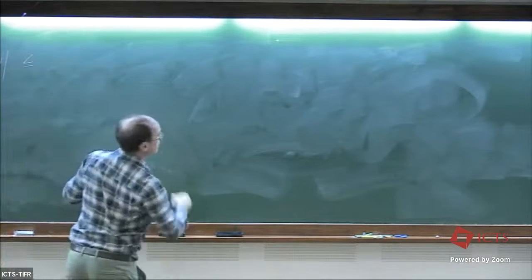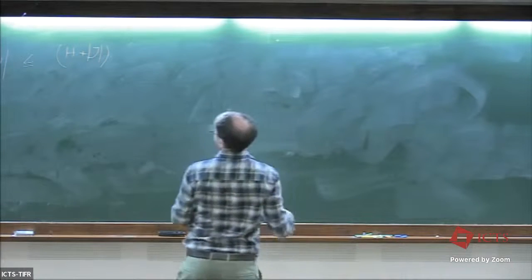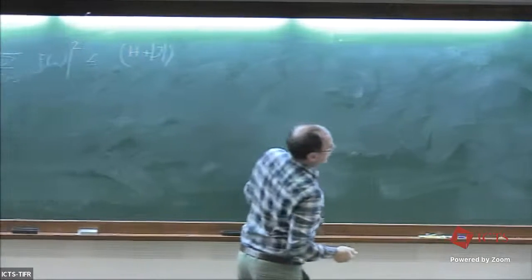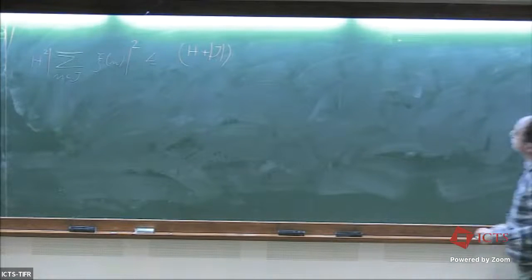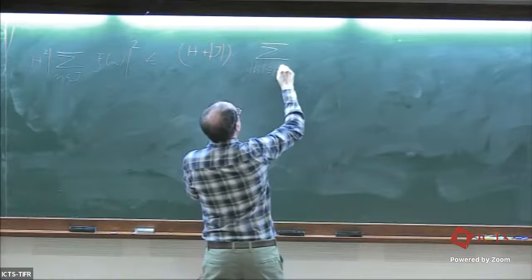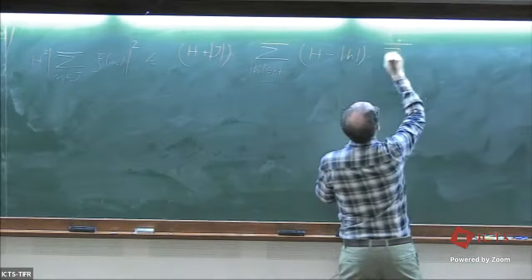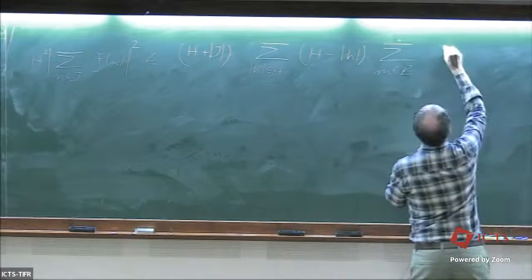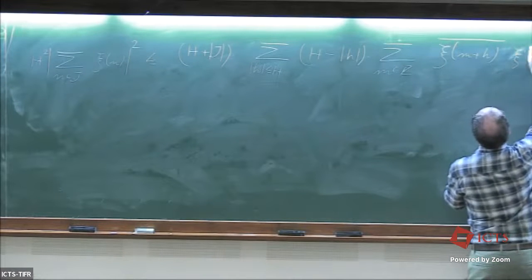The square of the sum over n in I of psi(n) is less or equal H plus I times the sum over h, where we can pull out the H, of the sum over m in Z of psi(m+h) psi(m) bar.